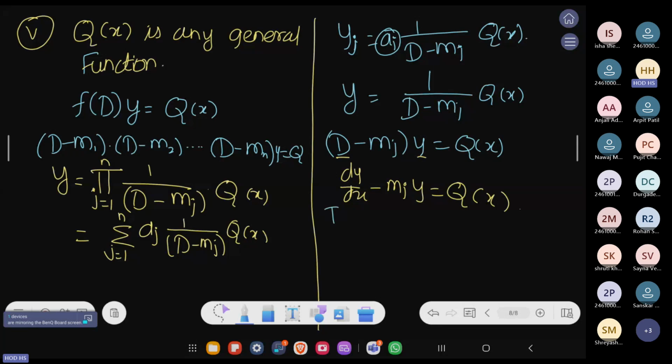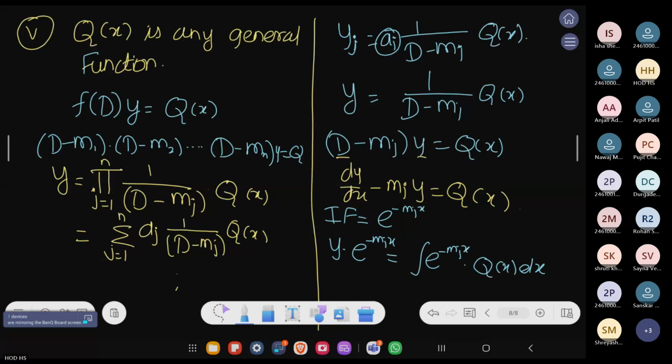To solve that, we need to calculate our integrating factor. What is the integrating factor in this case? e raised to minus mjx, since mj is a constant, right? So integration of mj dx is mj into x. So my solution will be y times e to the power minus mjx is equal to integration of e to the power minus mjx into q of x dx, right?